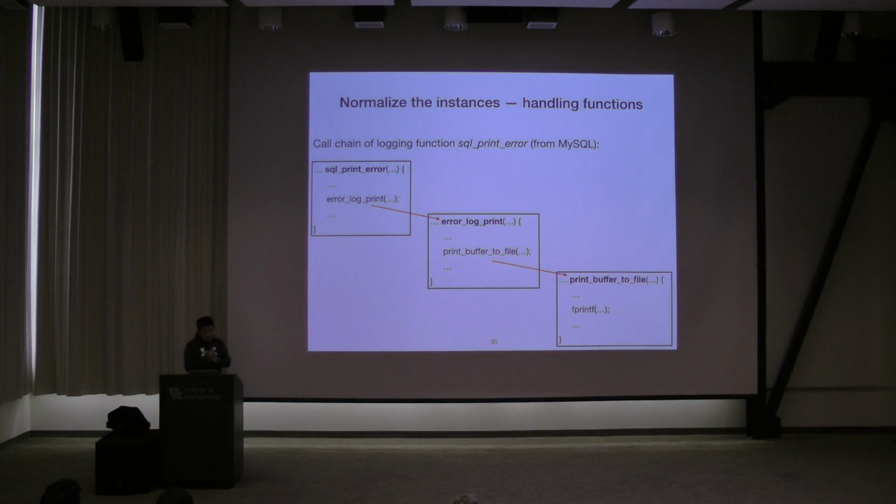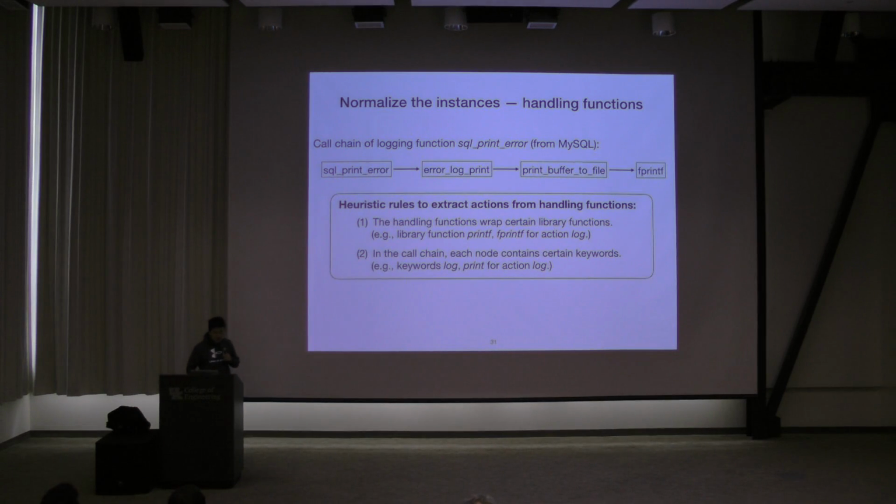Then we normalize the handling functions. Here is an example of a logging function from MySQL, print error. You can see this function calls another function named error log print, which further calls print buffer to file, which finally calls fprintf. If we look at this call chain, we can find 2 heuristic rules.